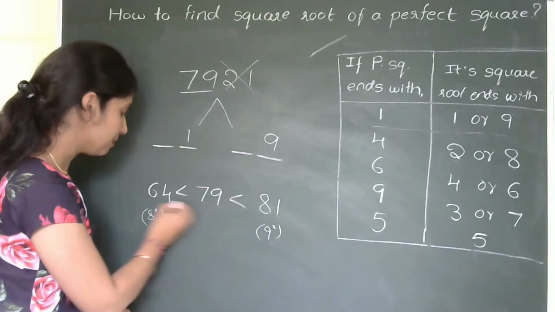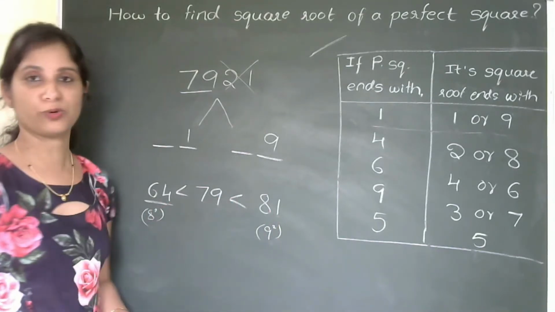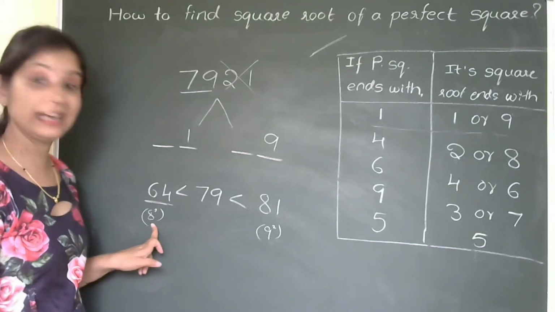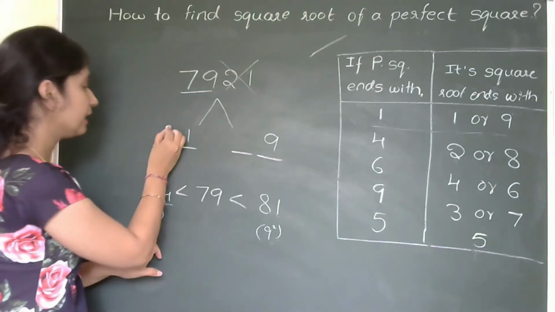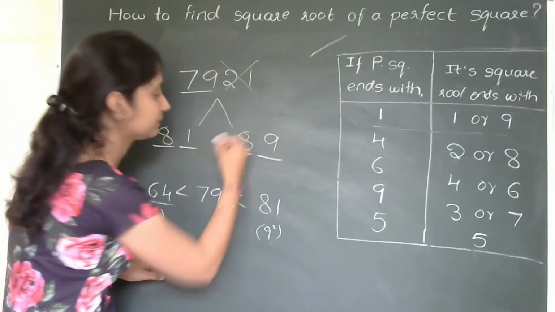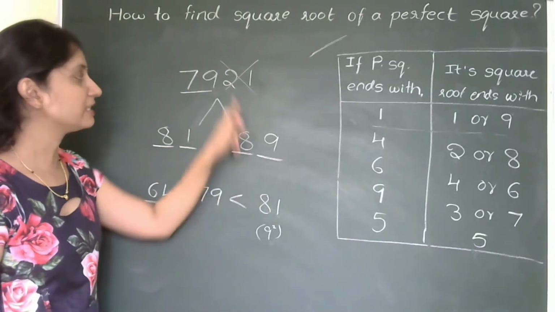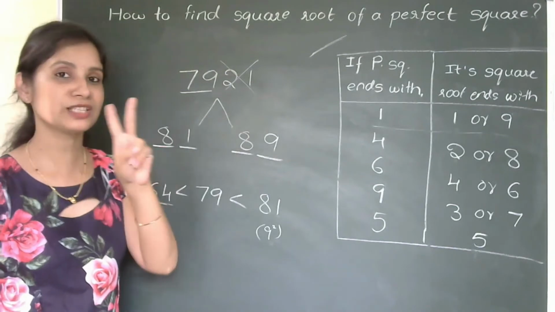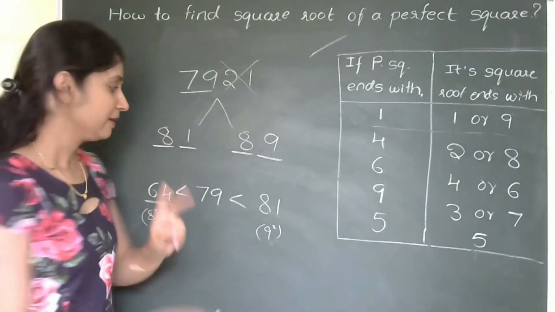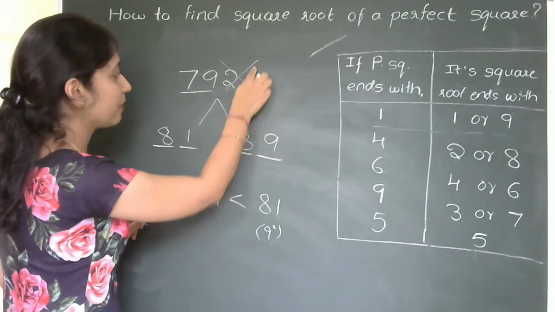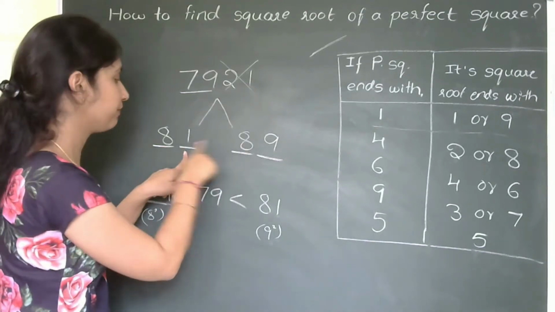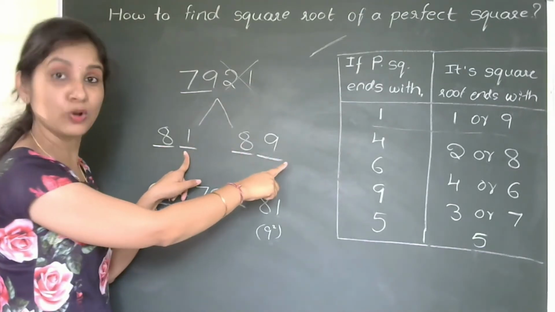I must consider 64, that is 8 square. I can write 8 here. Either it is 81 square or 89 square. Only 2 steps I have covered. The first step is, just by considering the unit place, you find the possible units digits.